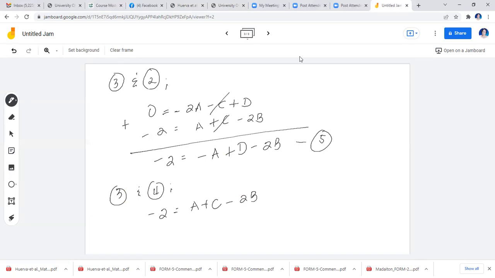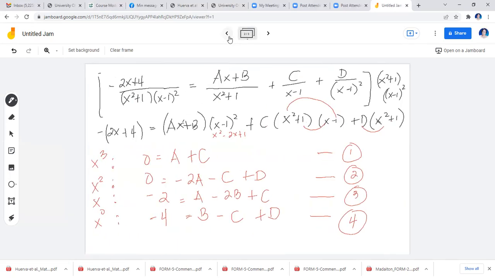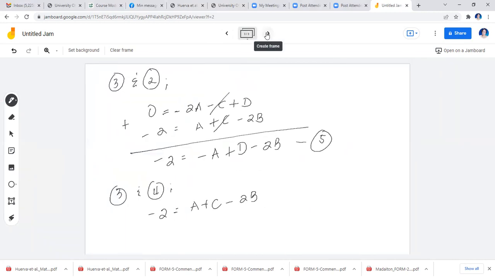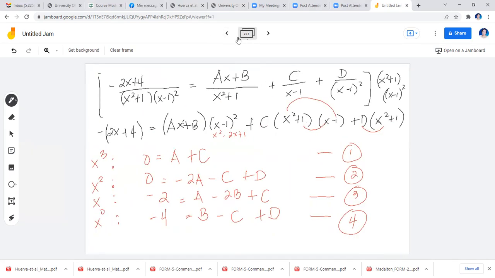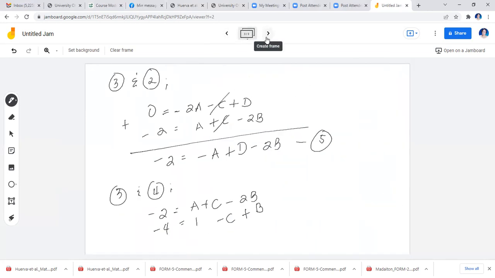Then we can have number 4: minus 4 is equal to b minus c, plus d.